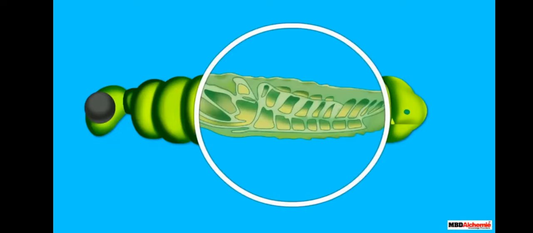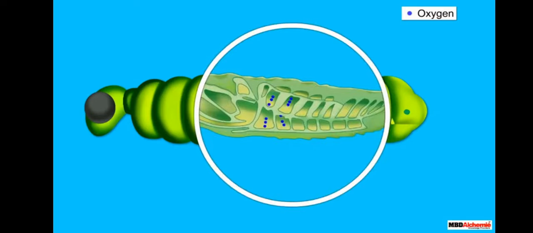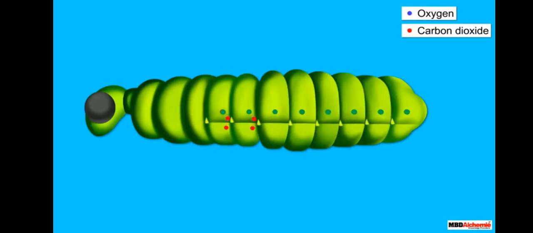These spiracles are connected to a network of air tubes that reach to all the parts of their body. Air enters inside an insect's body through the spiracles and reaches all parts of the body with the help of this network. Different body parts take in this oxygen and release carbon dioxide that moves out of the body through the same path.